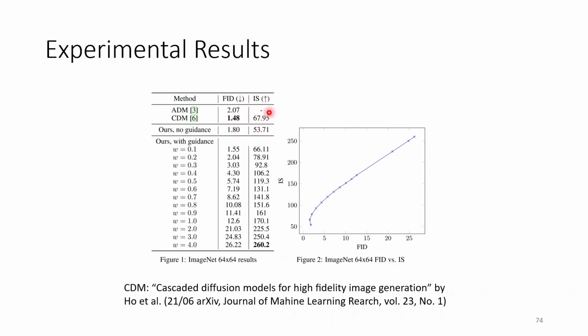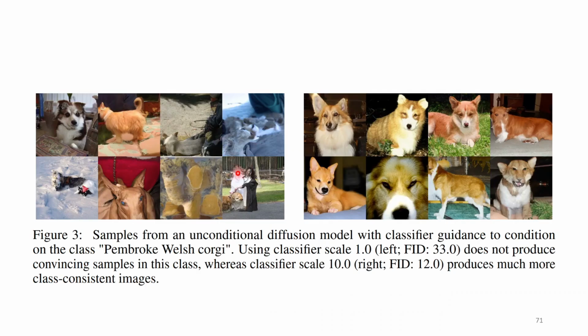But if they apply the guidance value, then the FID continually increases because the new distribution will be dissimilar to the existing distribution, just like this one. Suppose this is the original distribution, the training images.